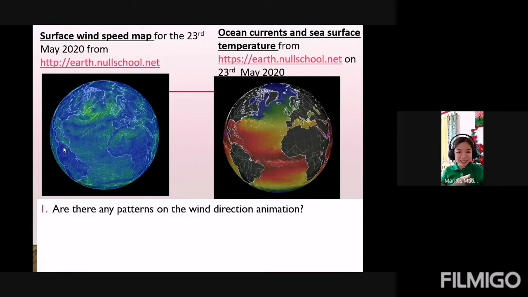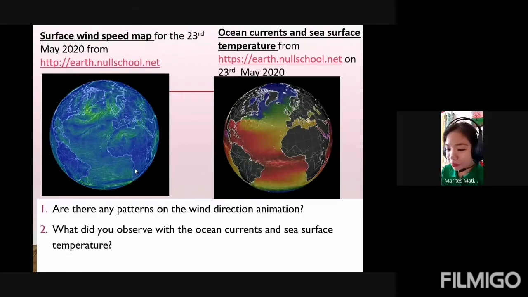Pabaliktad ng clock. So, that's counterclockwise. Now, take a look sa baba naman. Anong direction niya? Ayan. So, kung mapapansin natin, mga anak, iba yung direction ng wind sa taas at saka sa baba.